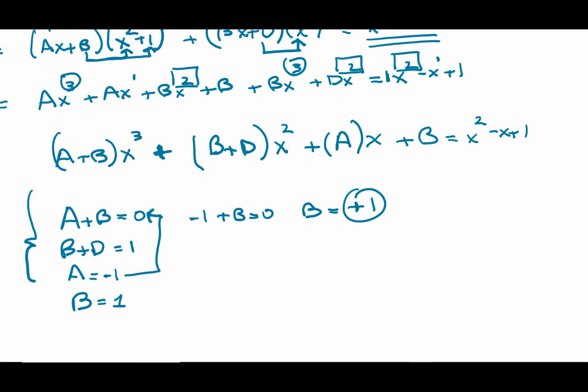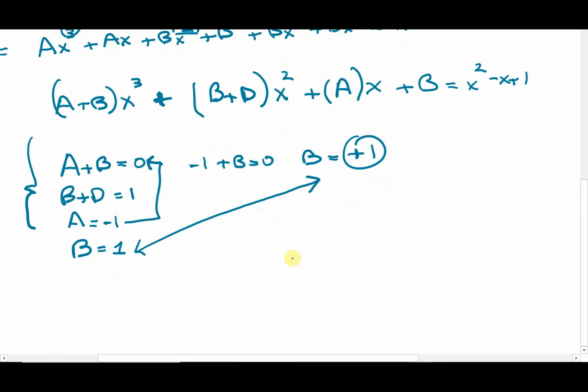Since b is already 1, we verified it in both cases. If b is 1 and b plus d is 1, that means d equals 0. So we have all our terms.